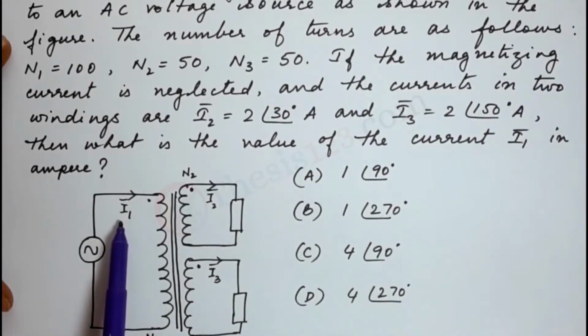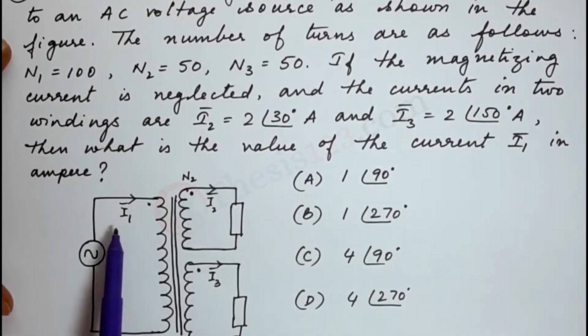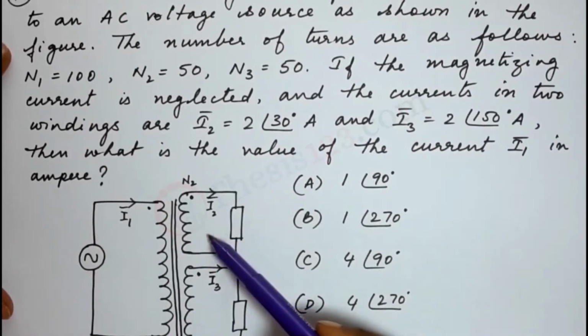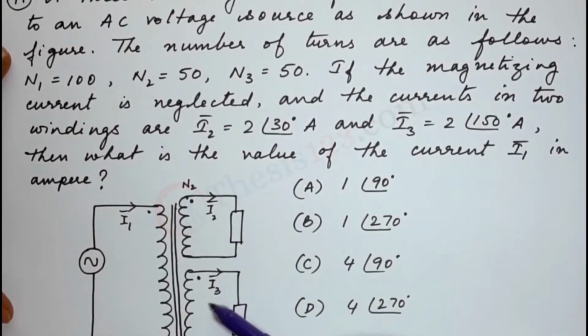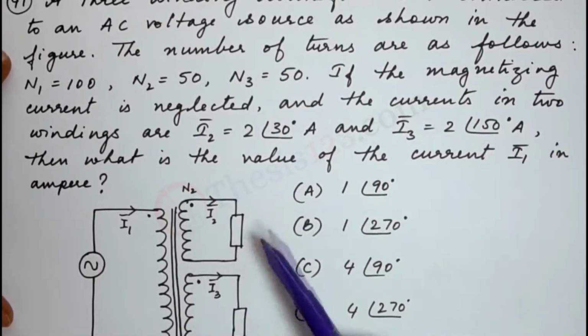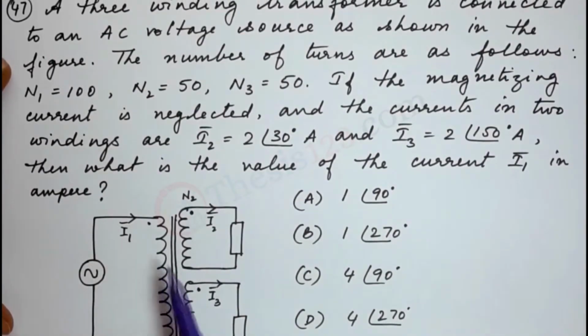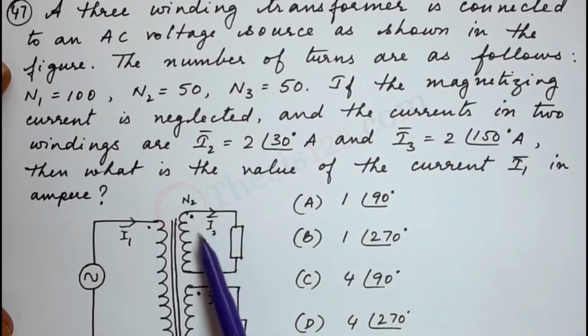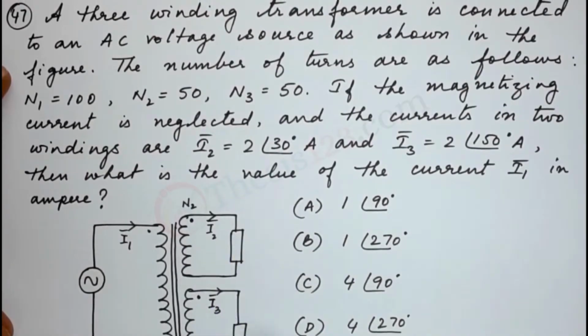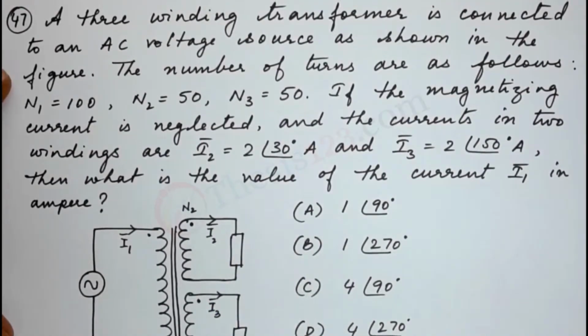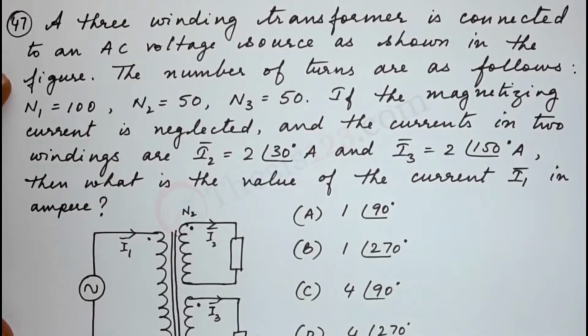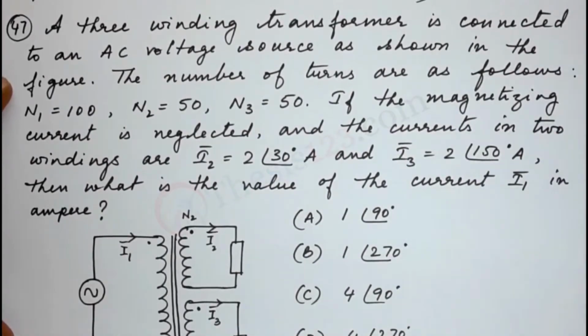Now, in order to find out the value of I1, we have to take both these parts into consideration. So, in a way, you can say that I1 is the ratio of the turns to the currents I2 and I3. We'll begin by writing down what's given and then solve.